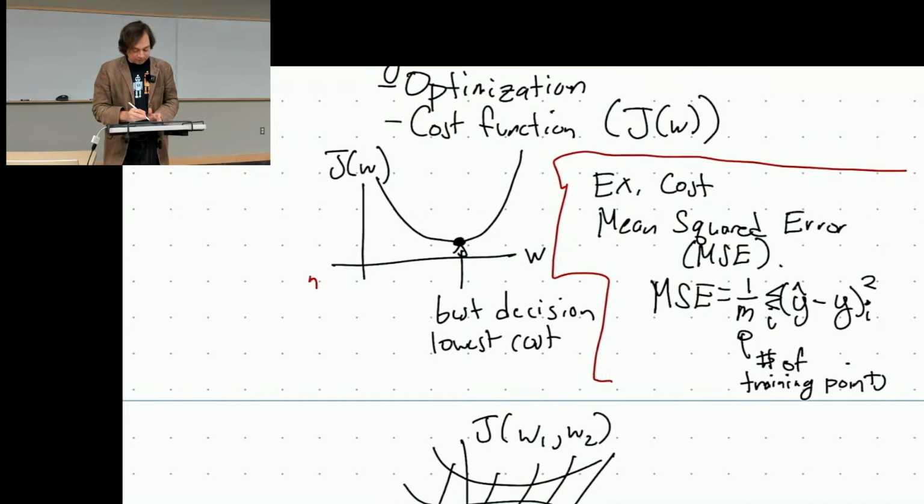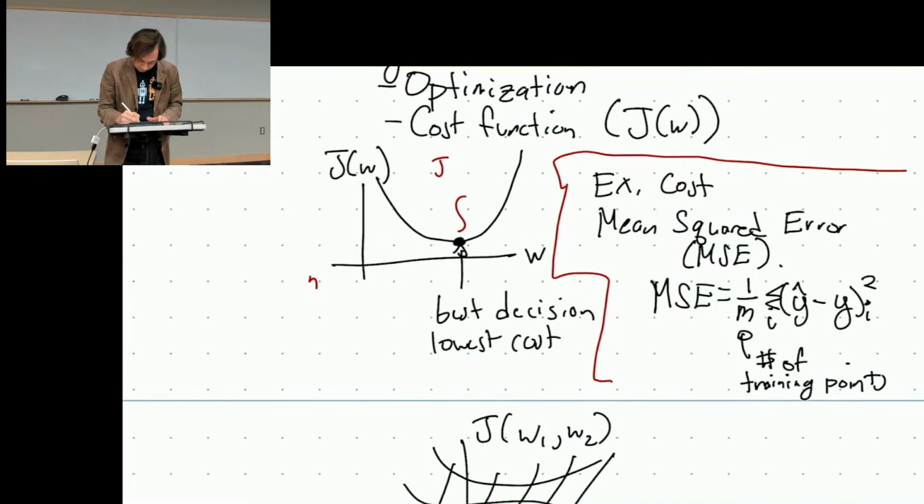But let's assume that this cost function is smooth. How will we know that we're at a best decision? Take the derivative. See if it's 0. And then see if it's concave up. Or typically just assume it's concave up at the end of the day. But anyway, at this point, the derivative of j with respect to w is 0. No slope. Slope is 0, right?